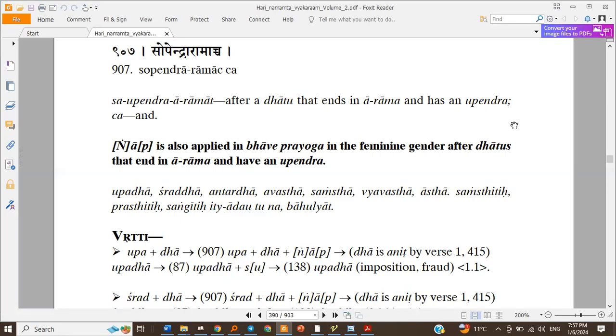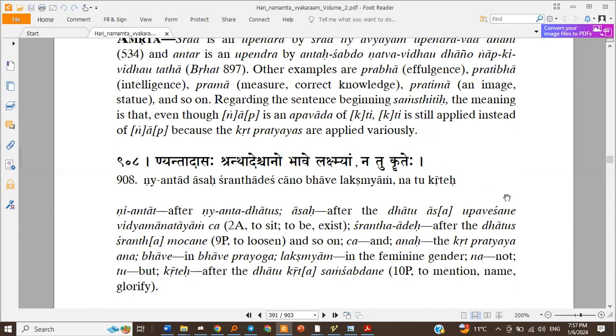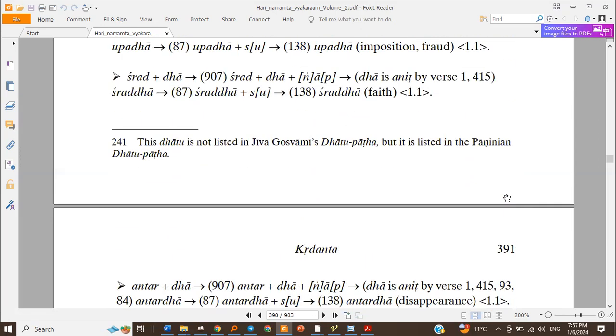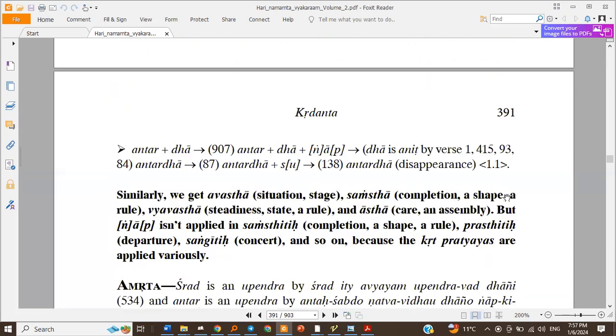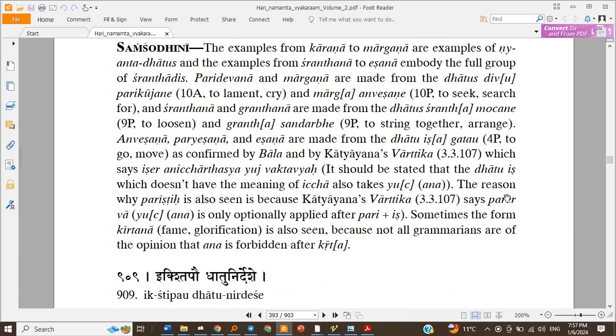Resuming from Sri Harinama Amrit Vyakaranam. Do you remember the exact sutra we were on? I can look for it.